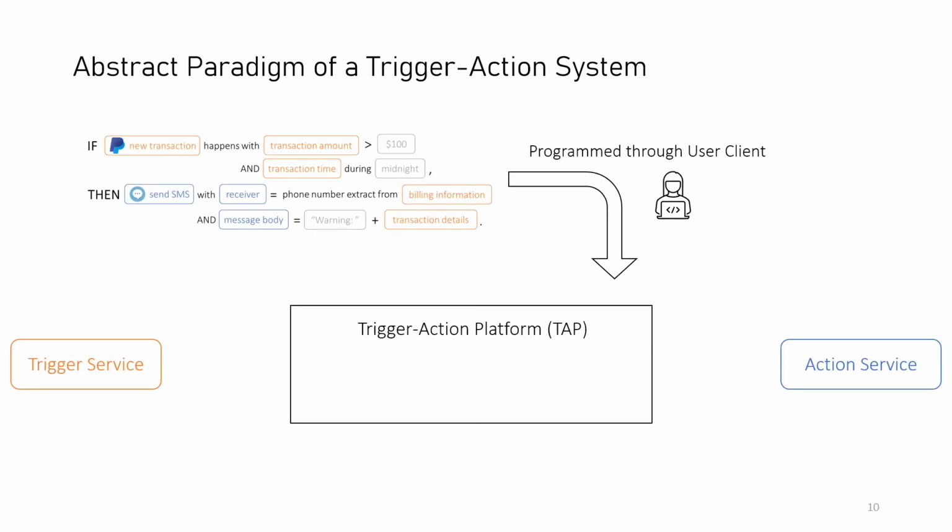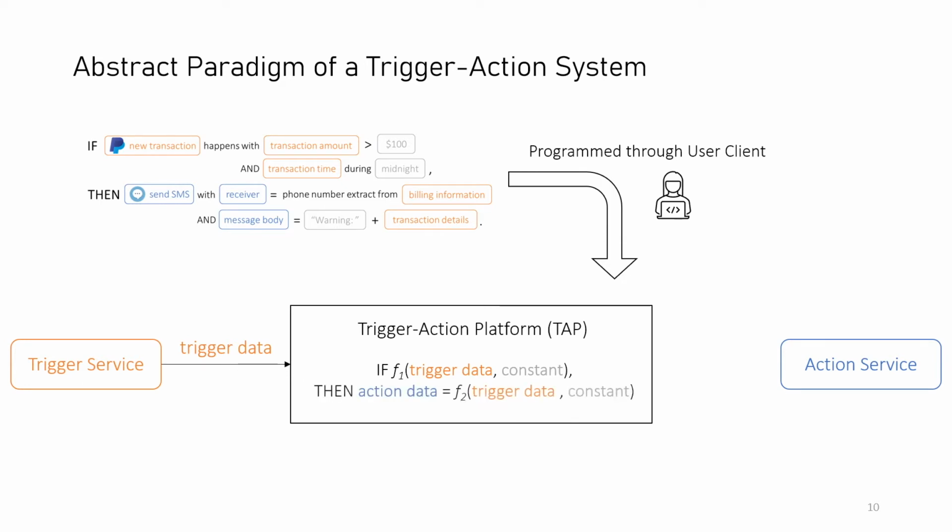First, let's abstract such example rules into a generalized model, where one trigger service sends the data to the platform to trigger the rule. The platform then computes a predicate function on both the trigger and some constant values provided by the user.